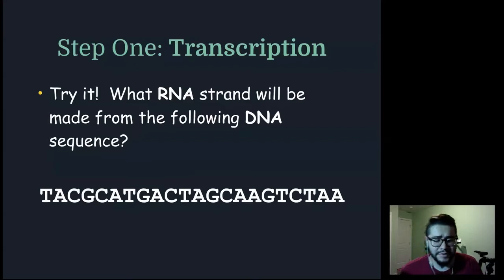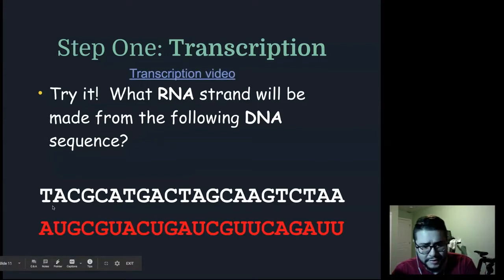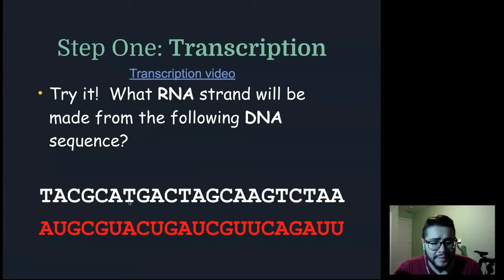So where we would put the T in the second space here, instead there's a uracil. You can see how that looks here. So T goes with A, but A instead of going with T goes with U, because this new red strand here is mRNA that's being made, and RNA doesn't have thymine. C still goes with G, A goes with U, but T still goes with A. So that's a little bit of practice, and we're going to go through and work on this today once we're done with our notes.